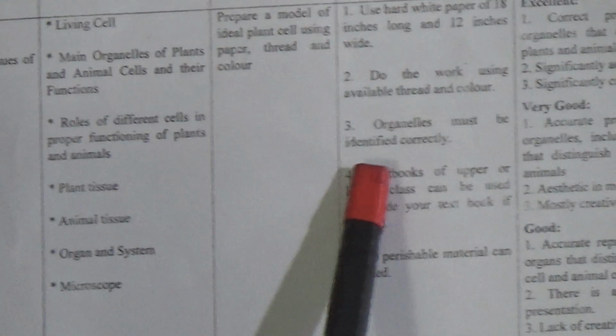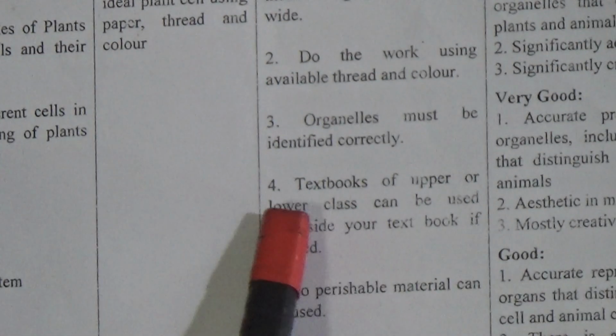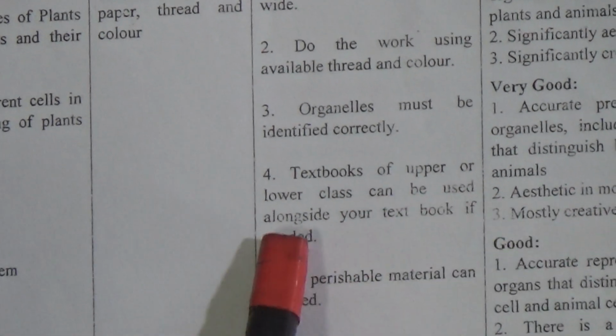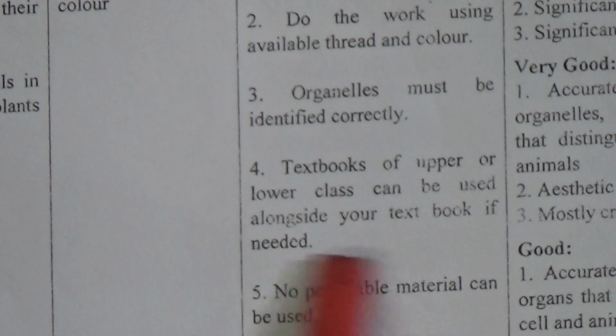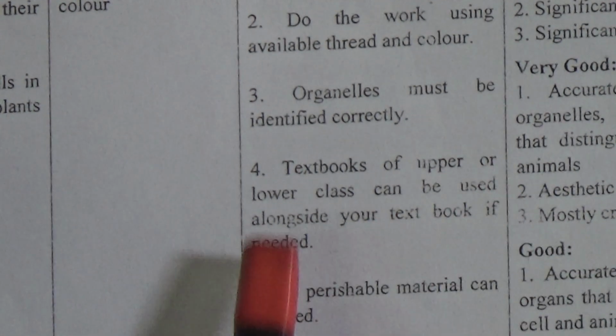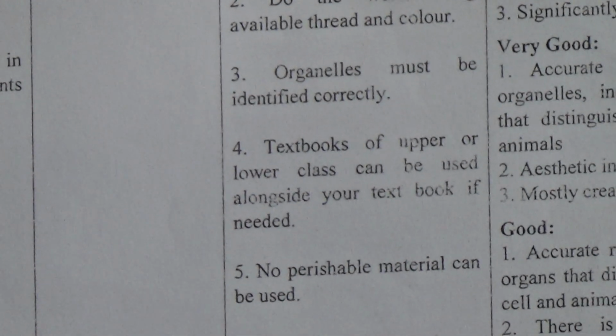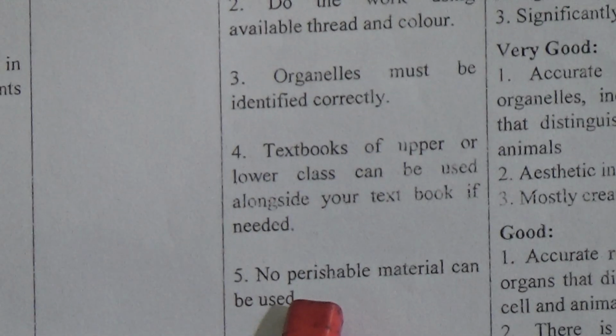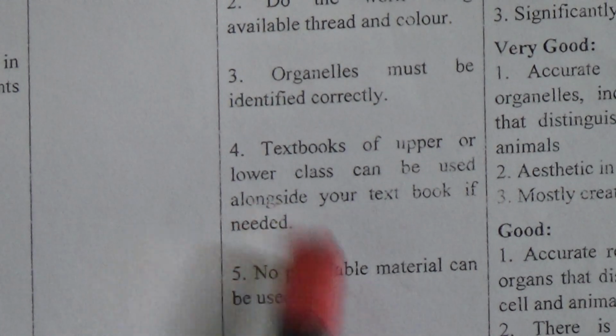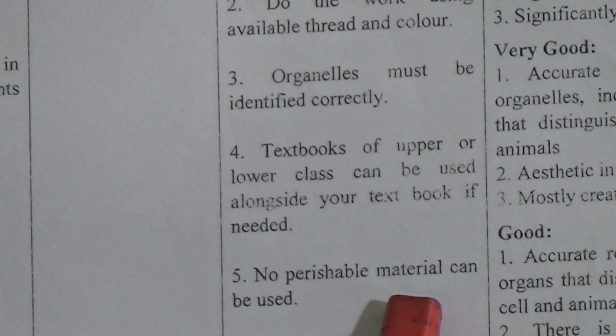Organelles must be identified correctly, and the textbook of an upper or lower class can be used alongside your textbook if needed. No perishable materials can be used, that means no rotting materials.